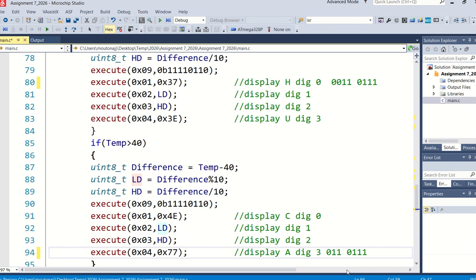In other words, the decimal point is a 0. A, B, C. Yeah, that's a 1 also.